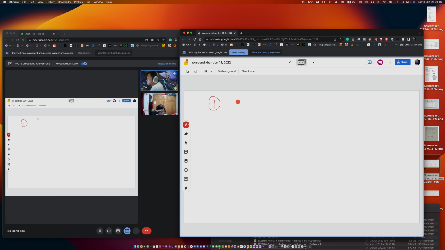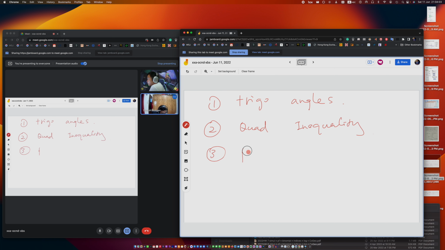So the trigo angle question, yes. Quadratic inequality. What else? Can you help me out? Polynomial and partial fraction. Anything else we have covered?